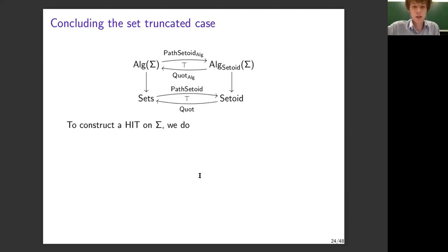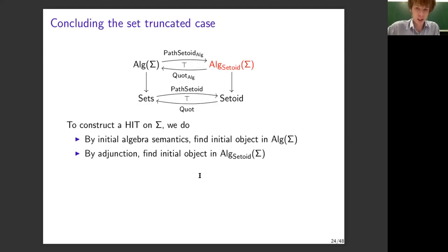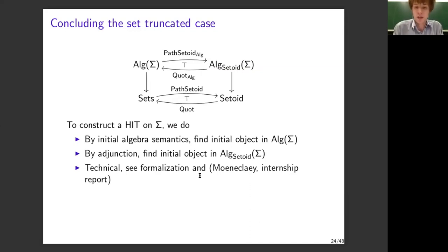If we want to construct a higher inductive type on a signature, by initial algebra semantics, it suffices to find the initial algebra in sets. By adjunction, it suffices to find the initial algebra in setoids, and this one can be constructed.